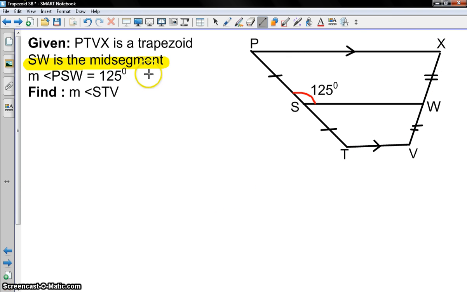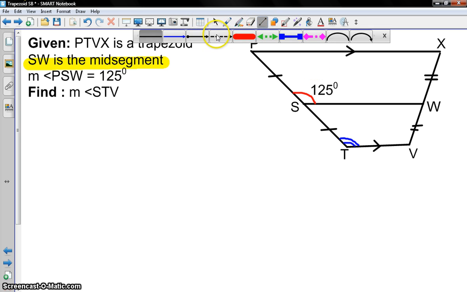Now with that said, moving on, the measure of angle PSW is 125, and they're asking me to find the measure of STV. STV is going to be over here. Now, one other piece of information that's given, and of course this is one of the properties of a trapezoid, is that those two are your parallel sides.